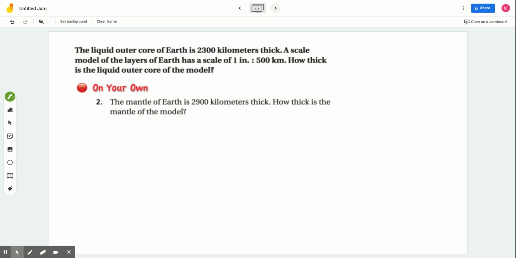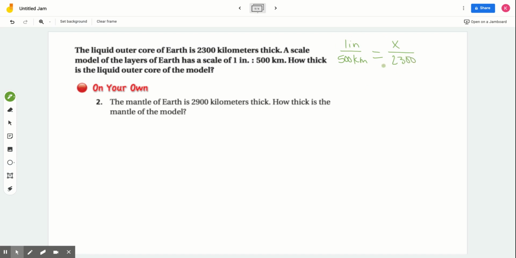So the liquid outer core of Earth is 2,300 kilometers thick. A scale model of the layers of Earth has a scale of 1 inch to 500 kilometers. How thick is the liquid core of the model? So here we could set this one up by saying 1 inch to 500 kilometers is like how many inches to 2,300 kilometers?